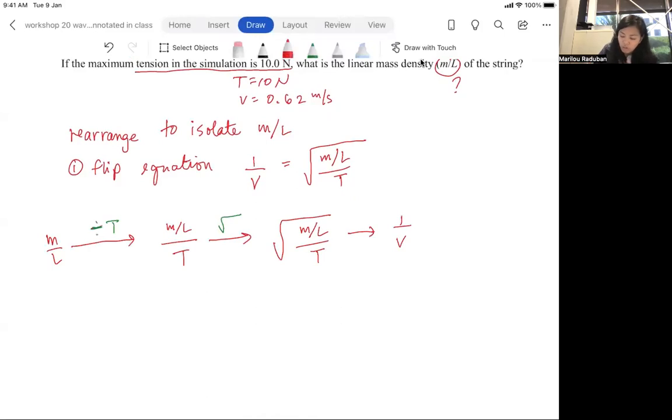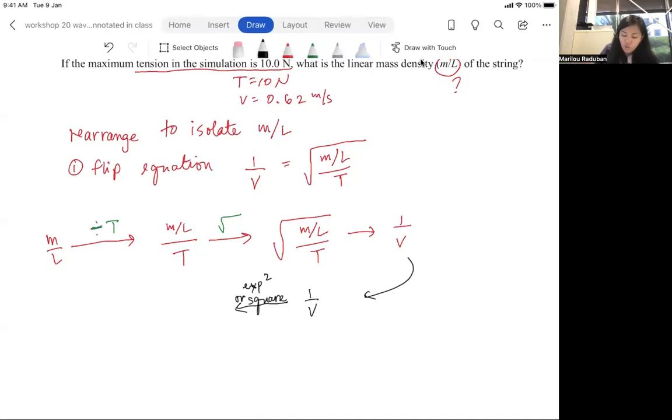Then you go the opposite way, starting from 1 over V. The inverse operation of a square root is the exponent 2, or square.